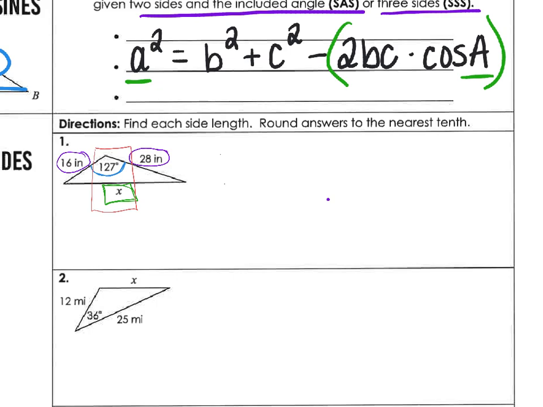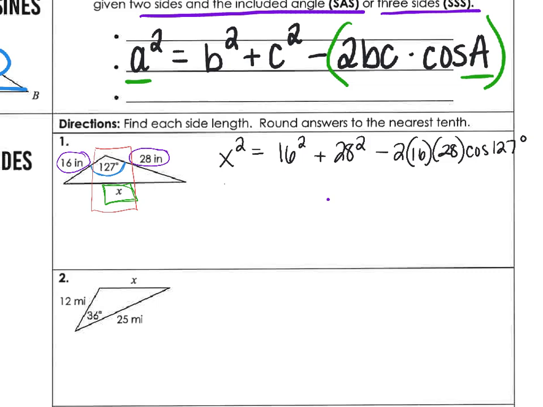So x squared equals 16 squared plus 28 squared minus 2 times 16 times 28 times cosine of the given angle in degrees, so your calculator should always be in degree mode.